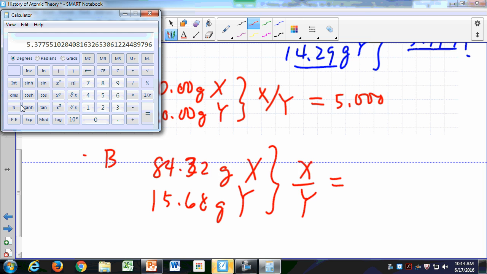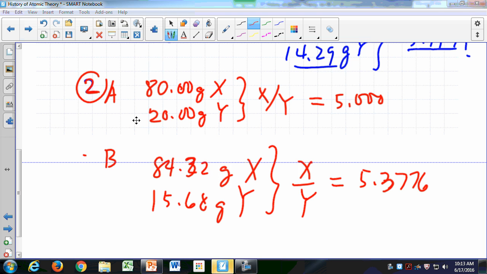That is 5.3776. So now let's take the ratio of ratios.